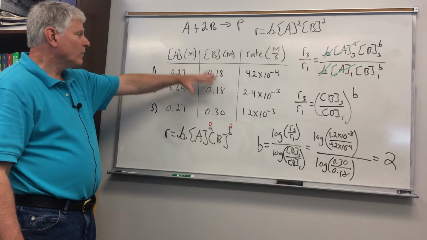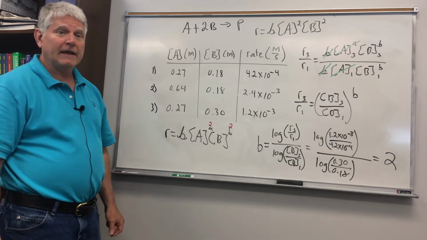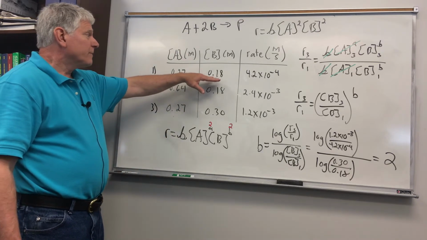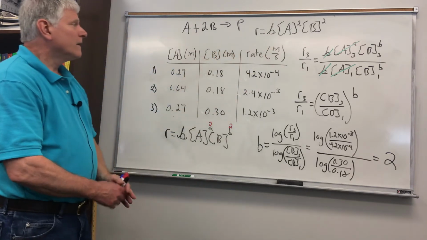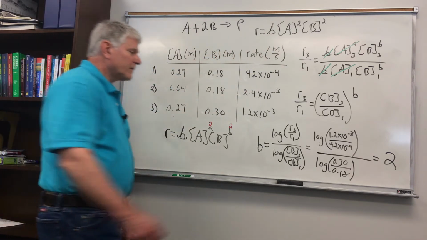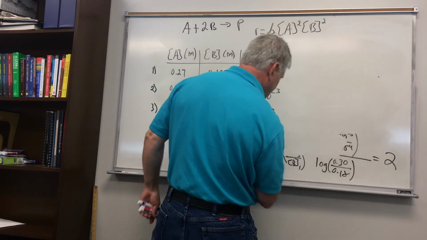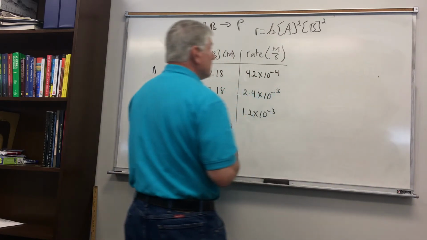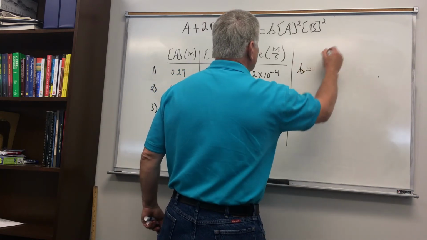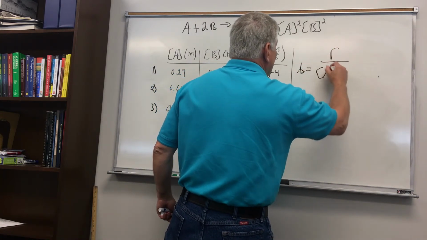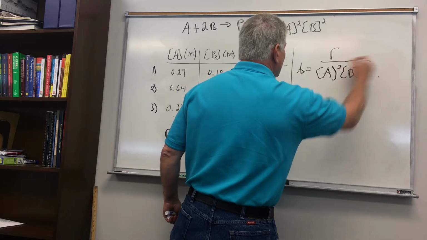And I can just pick one of these experiments or all three and get an average. But I'll just pick one of these experiments and solve for the value of k. So solving for k, k is equal to rate over the concentration of A squared times B squared.